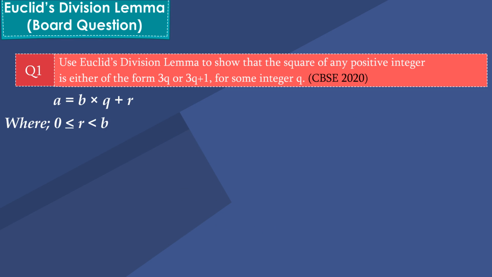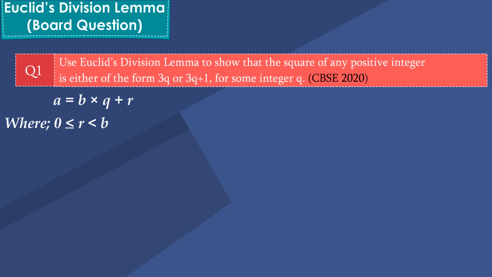Friends, always remember, when you get such kind of proofs in the exam, always start with what is asked to be proved. Here, you can see that the number before q is 3. So, we start by saying, let us assume that a is a positive integer and b is equal to 3.